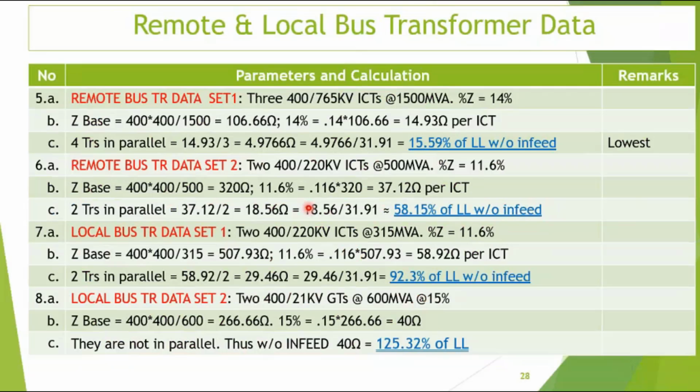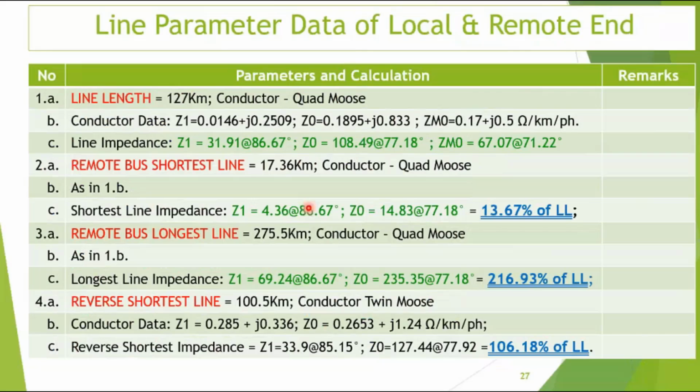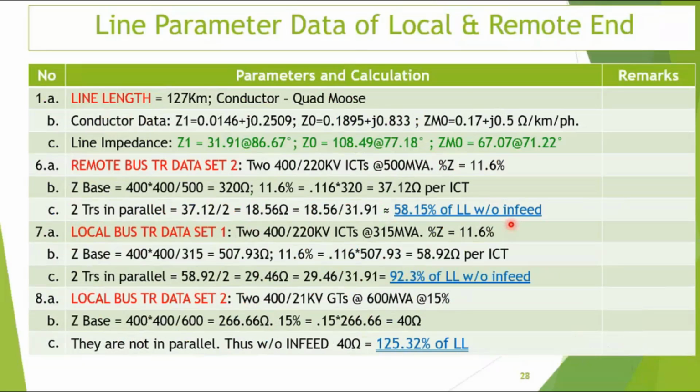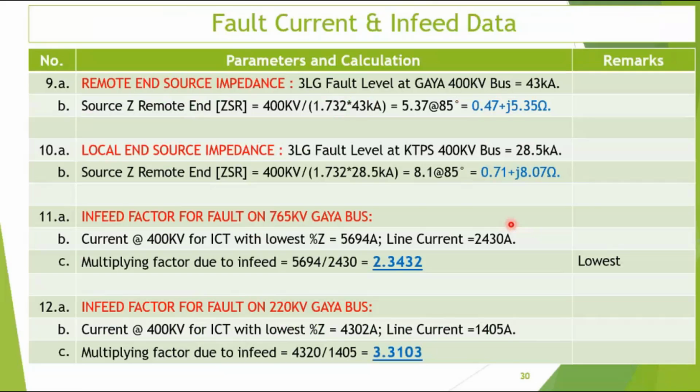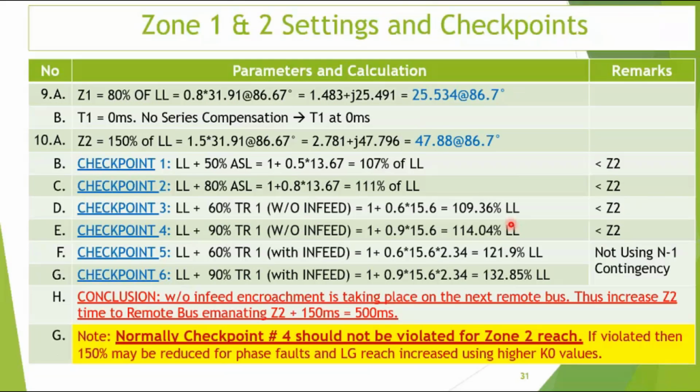I'm just going back once. It was 4.36. Oh, 13.67% of line length. Okay. That is right. Okay. So now here we see the utility of having this 13.67% of line length.